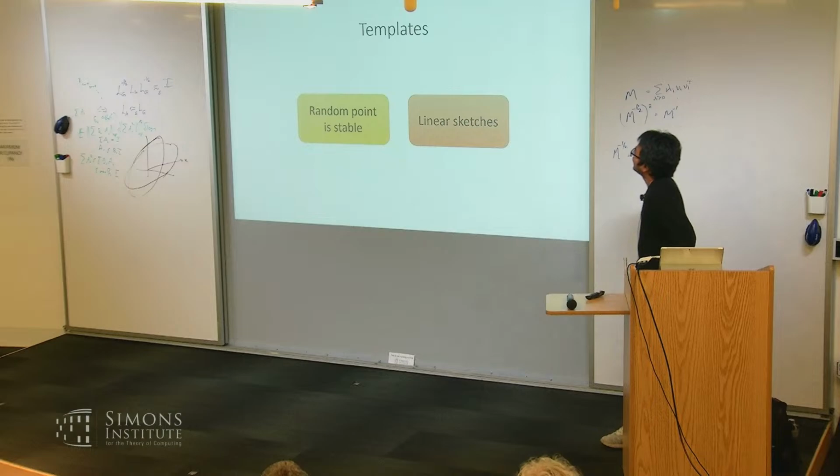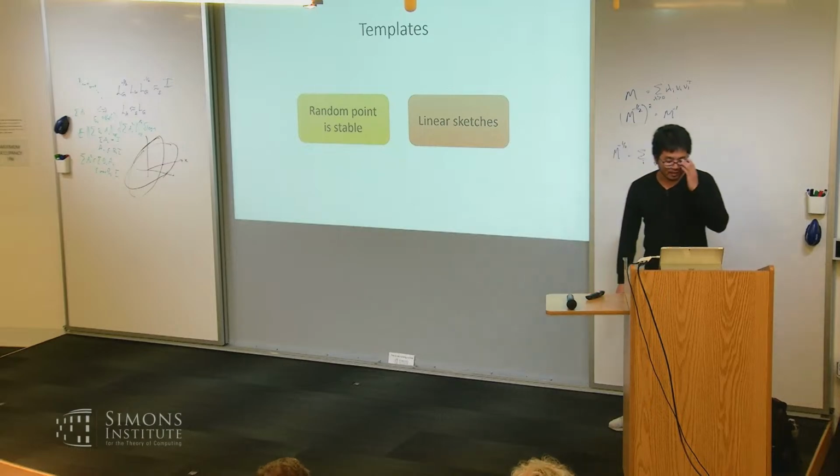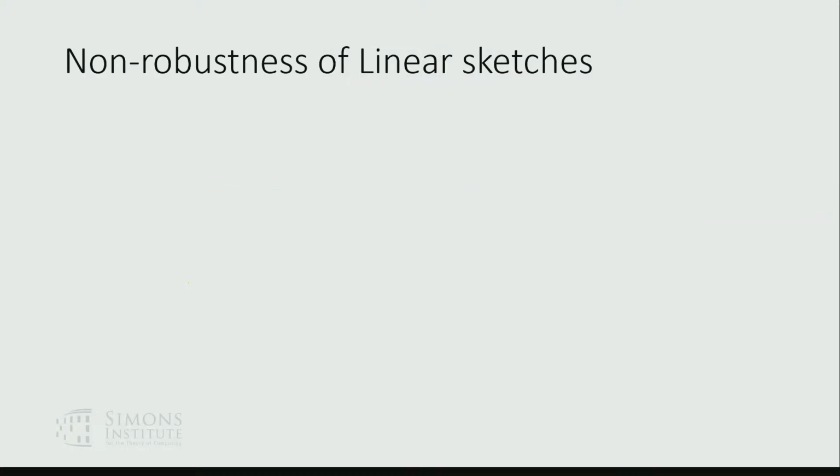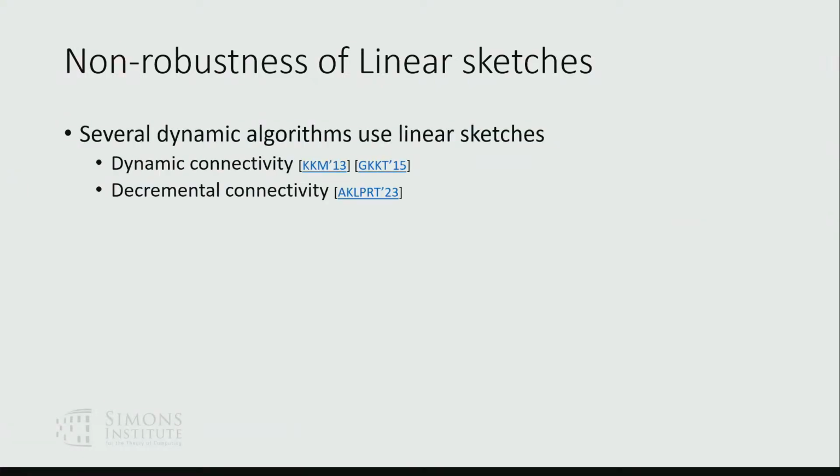Okay. The next template that is used, not as much, but very interesting though, is to use linear sketch in the data structure, and this has been used in dynamic algorithms.